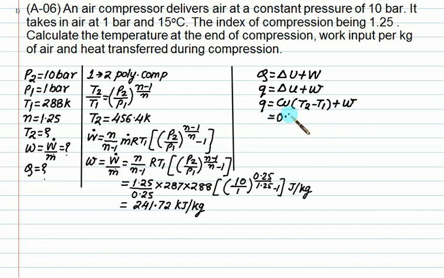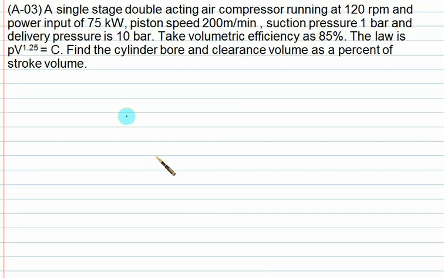CV for air is around 0.718, T2 is 456.4, and T1 is the atmospheric condition, 288. This answer will come in kilojoules, so we write down 241.72 and add kilojoules to kilojoules. So the heat transfer during compression comes to be approximately 362.67 kilojoules per kg.